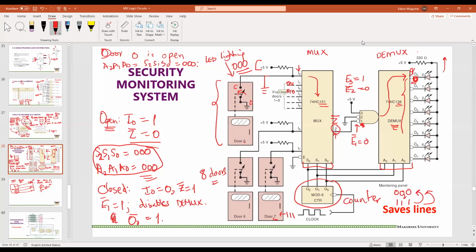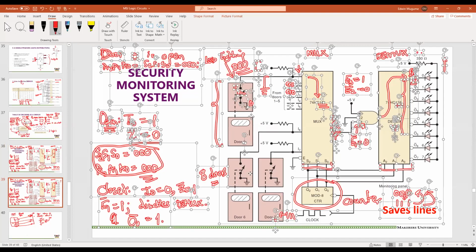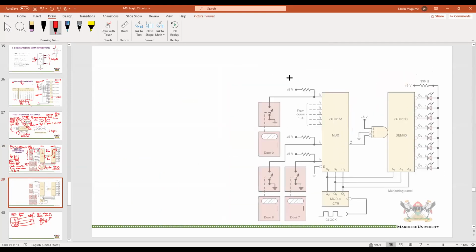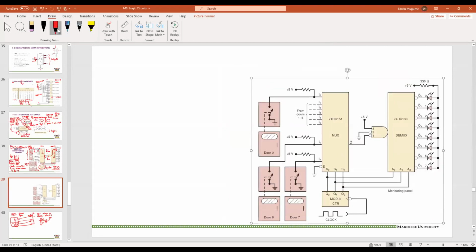Yes, Livia, this is what I was trying to explain. Let me try and remove this. Okay, let's imagine that two doors are open. We have S2, S1, S0, which is the same as A2, A1, A0.